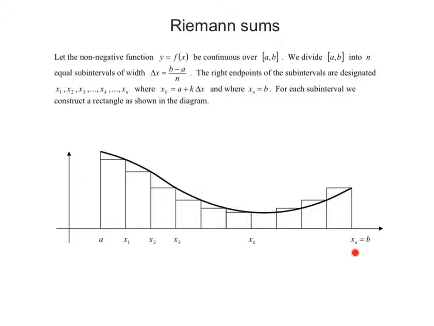Here's the next key. x sub k, so any random spot I pick, is equal to a plus k times delta x. So a is the starting point, plus k times the change in the width, where x sub n is equal to b. For each subinterval, we'll construct a rectangle shown in the diagram.